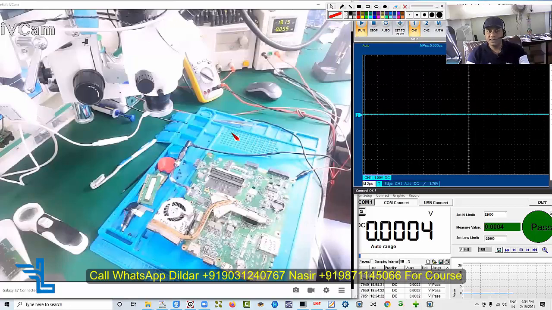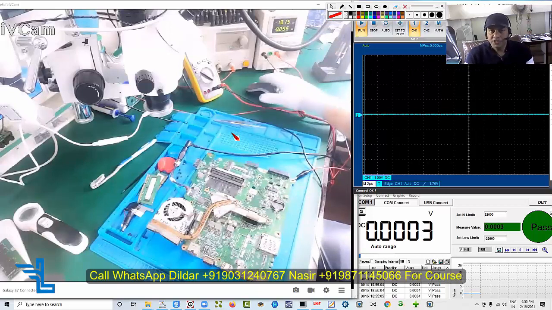I found that the enable was not coming on pin number 18, so that is absolutely fine now. After that, the 15 volt charge pump was missing in this board, and after removing the charge pump diode, the situation is now stable on the 3.3 and 5 volt as well as the 15 volt.